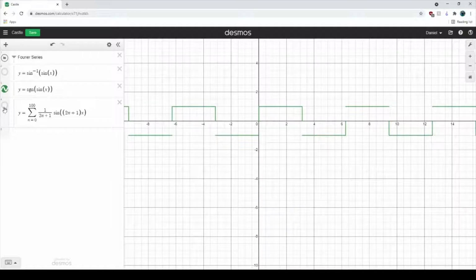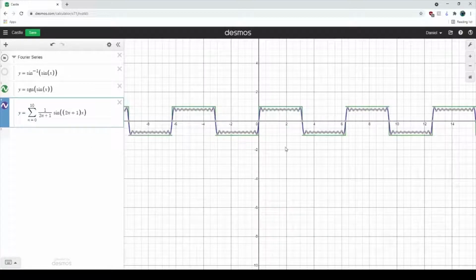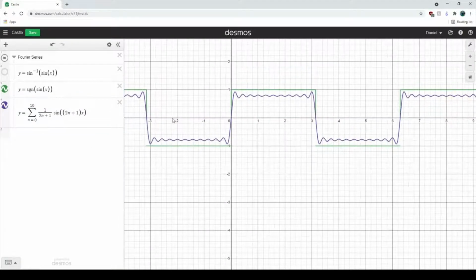And this next equation here is an approximation of that square wave. You can see it's close, but it is not exact. It still looks a bit off. These are called Fourier series.